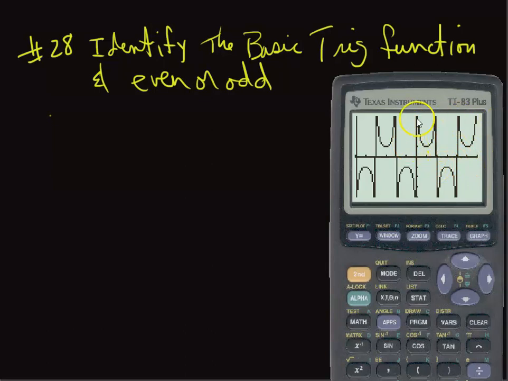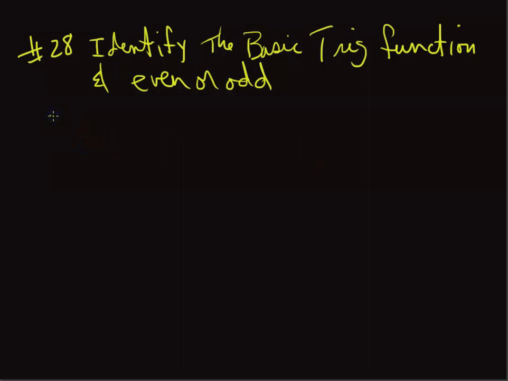But this is all the rest of the stuff. So it's really the reciprocal of sine. It's 1 over sine, right? Which is the cosecant of x.